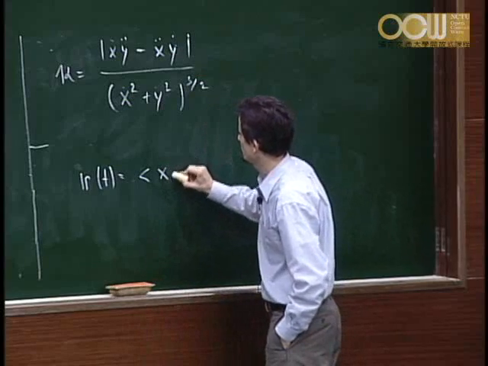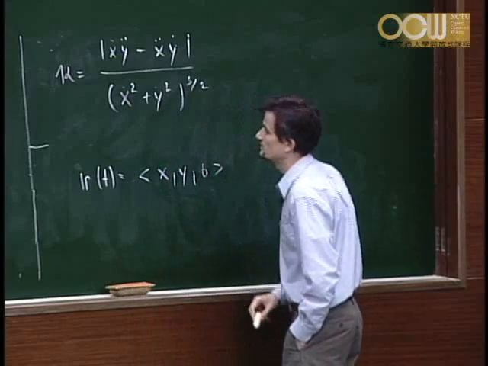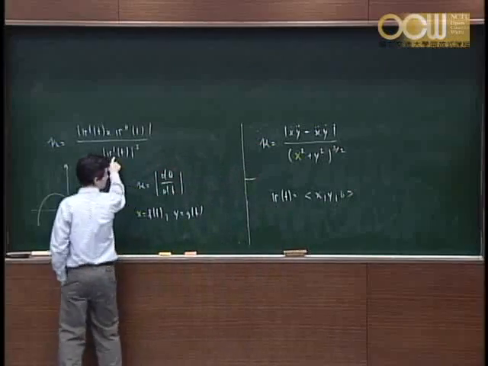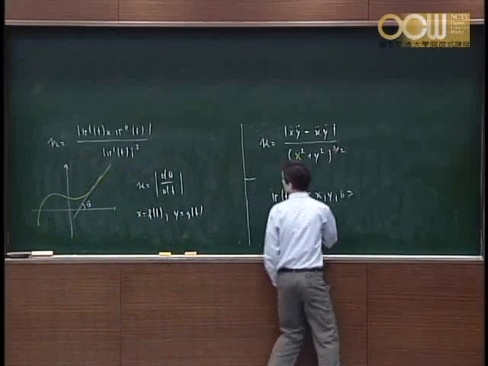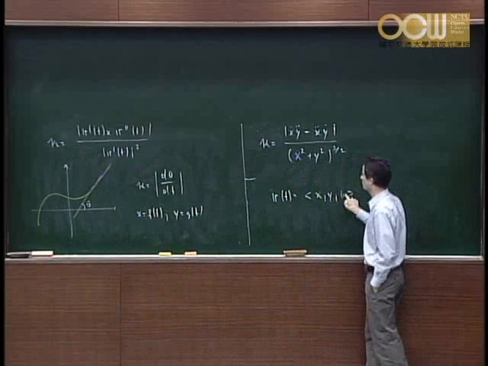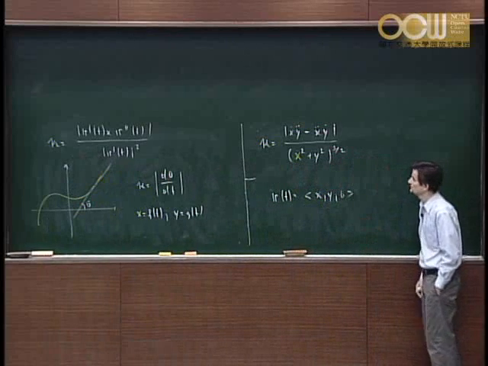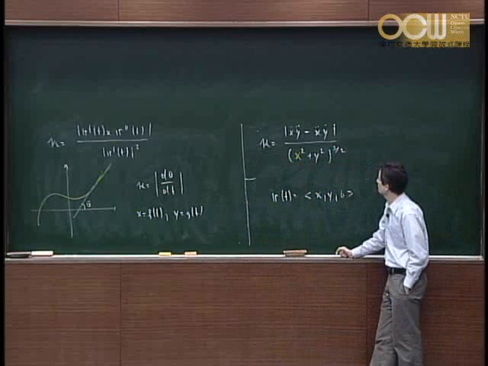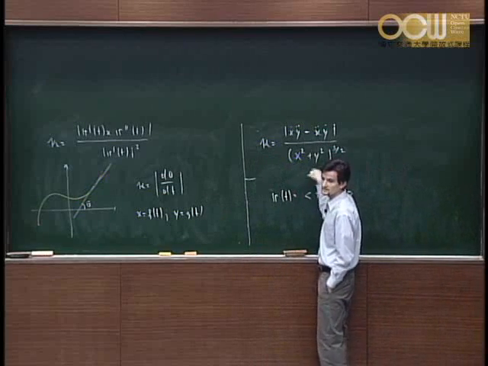So here I have x, here I have y, and here I have 0. So for the denominator, you have to take the derivative here. So here you have x dot, y dot, and this is still 0. And the absolute value is the square root of x dot squared plus y dot squared, to the cube. So you have already this here.